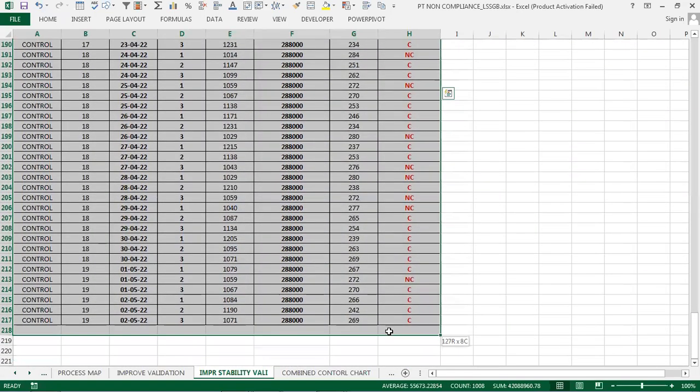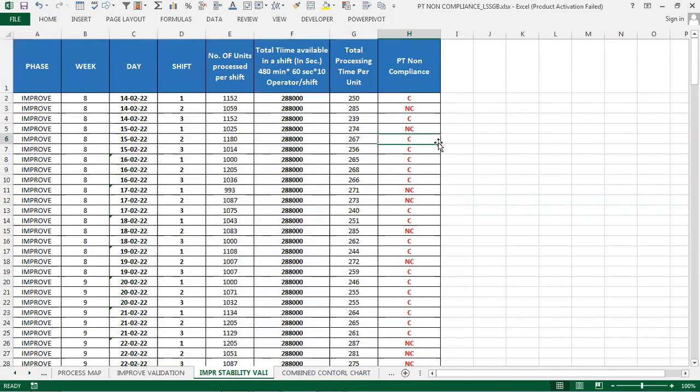And as the instruction goes, we need to pick this column and this column. These two columns are essential for our test. But prior to that, we need to ensure that the words improve and control are in capital letters and there is no space after the last letter in that particular word.